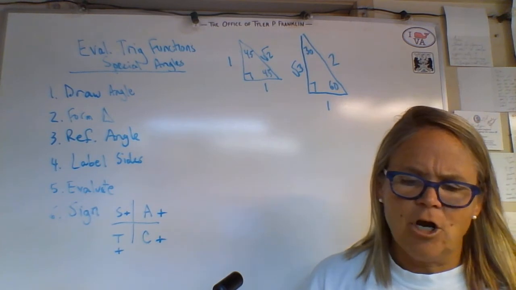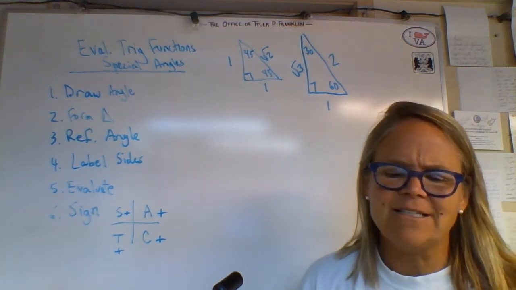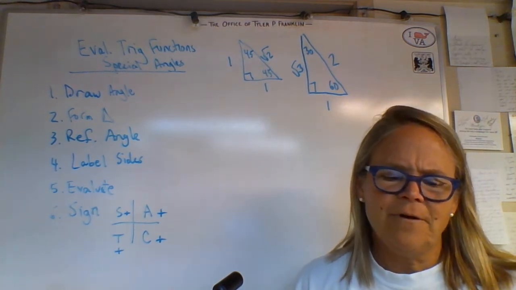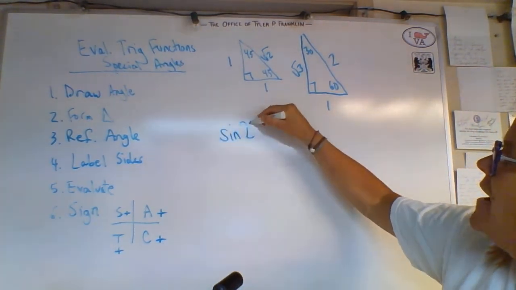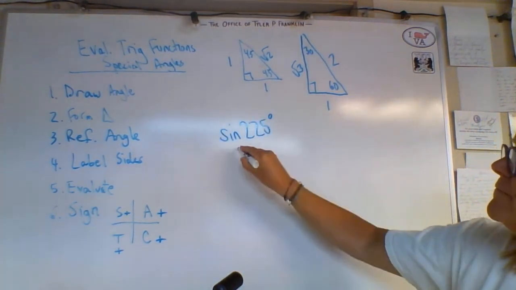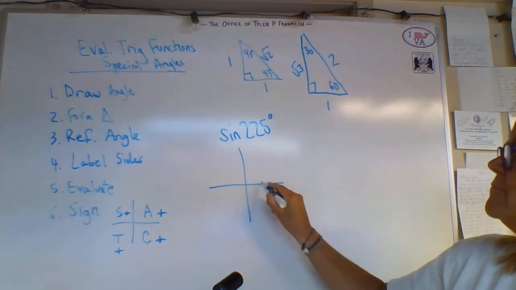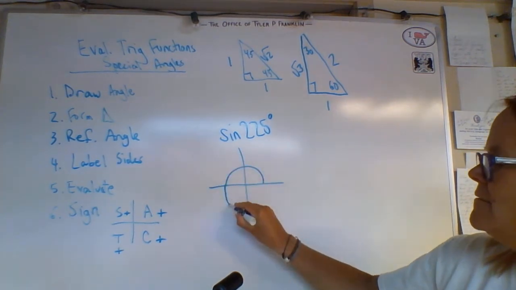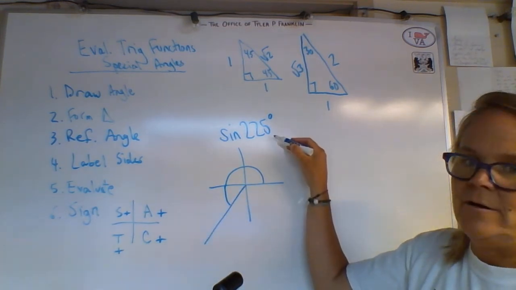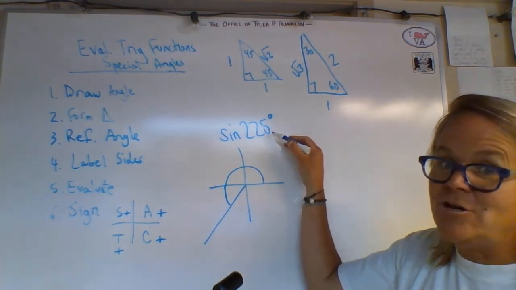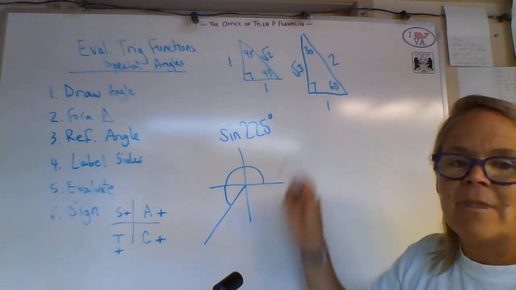Let's say I say the sine of 225. So sine of 225. Draw it. There's 180. There's a little bit more. Well, how much more? It has to be 30, 60, or 45.